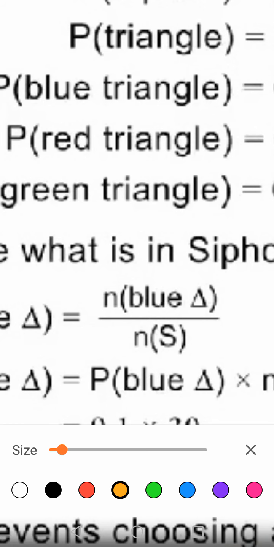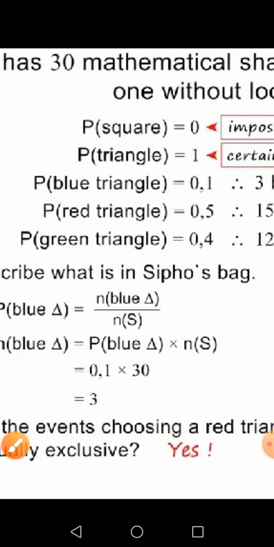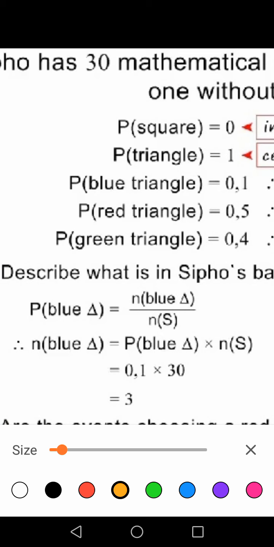The probability of blue is 0.1, so I will write here 0.1. The total number here is 30. I wanted to get the number of the blue, so I will multiply 0.1 times 30 to get 3.